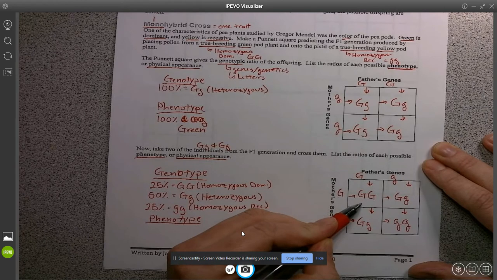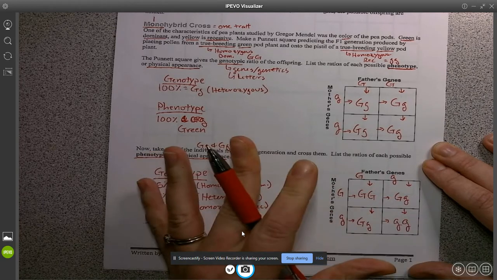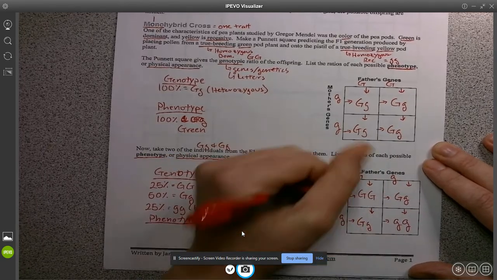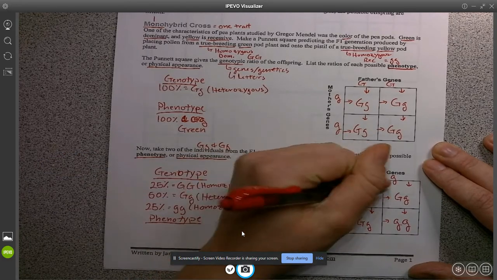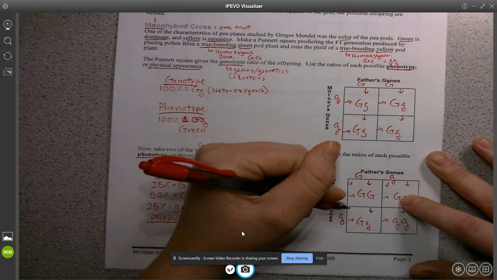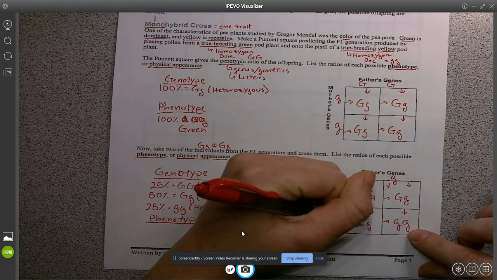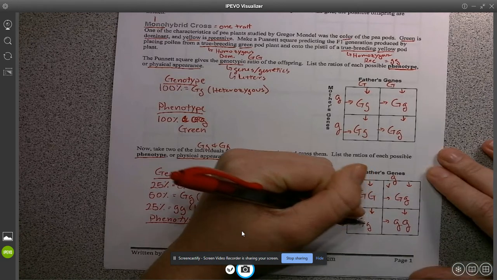Because I know if they have at least one dominant allele, at least one capital G, then they are green, and I don't have to pay attention to it anymore. All right, so here's 1 with a capital G, 2, because it has a capital G there, 3, and this does not have any capital G's, so this is my only yellow one. All the other 3 are green.